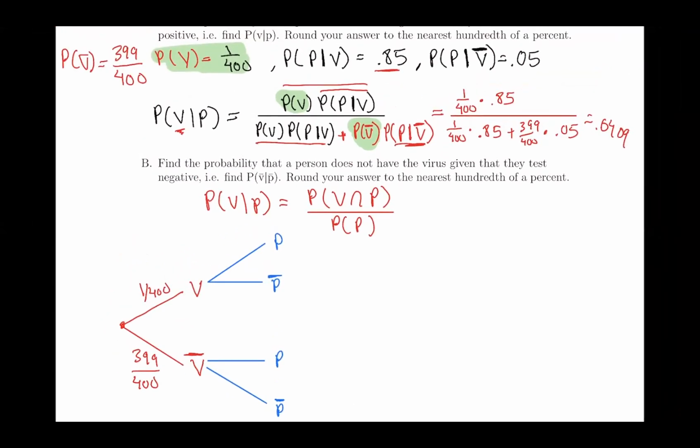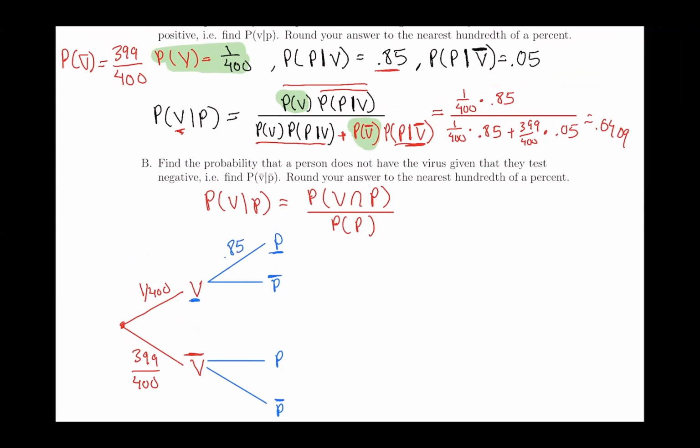So if you have the virus, what percentage of the time is it going to test positive? 85%. Yeah, 85%. Thank you. They put 85% right here.